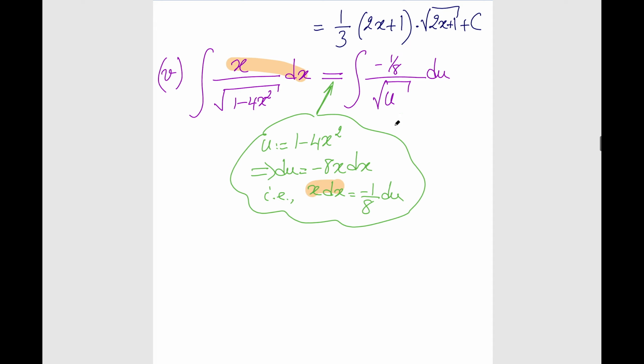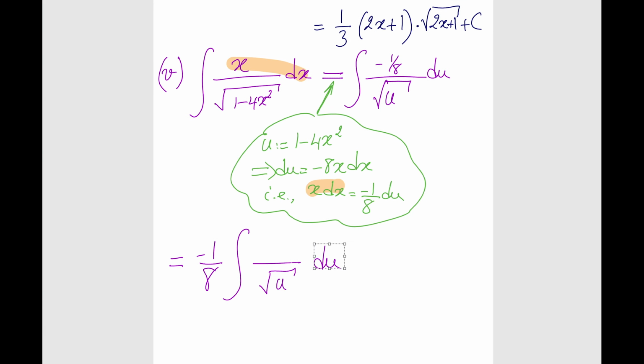Is this an easier integral? Minus 1/8 is a multiplicative constant. The integral of du over square root of u, right? So technically I should write 1 over du. Do you agree with me? But people write du over square root of u as an abbreviation of this.